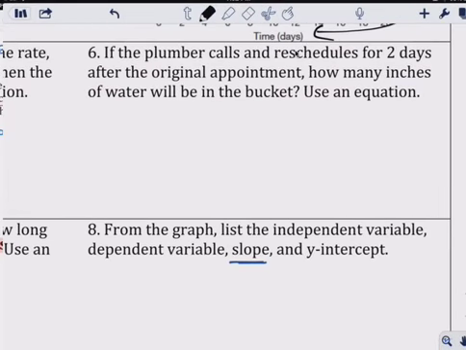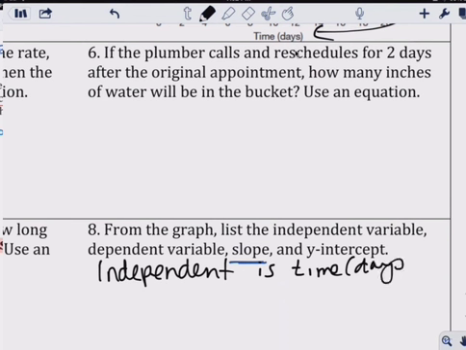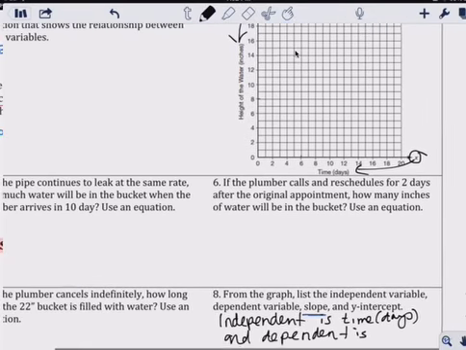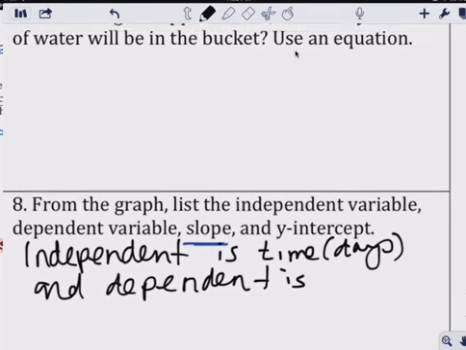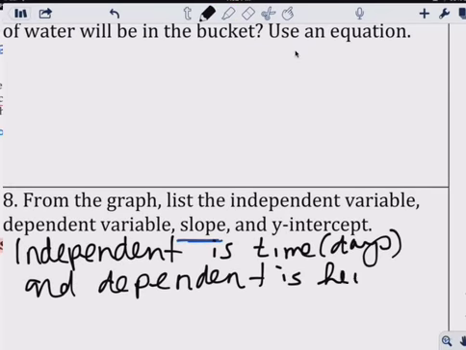So independent is time in days, and dependent is height of the water right there. That's the dependent, is height of the water. Okay. Oh, water spelled wrong.